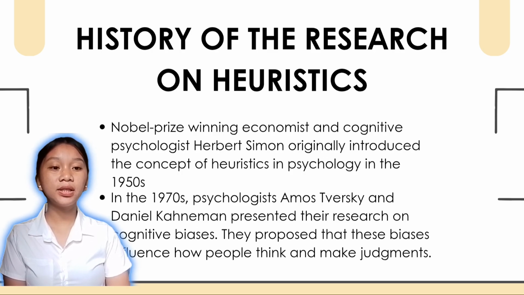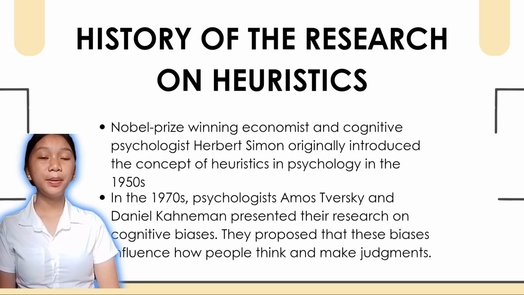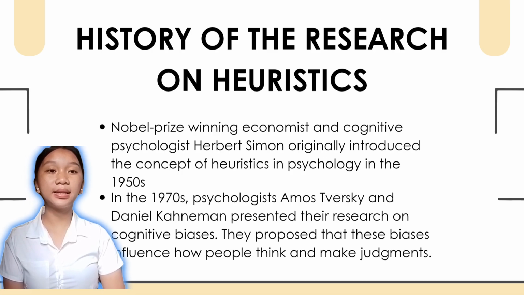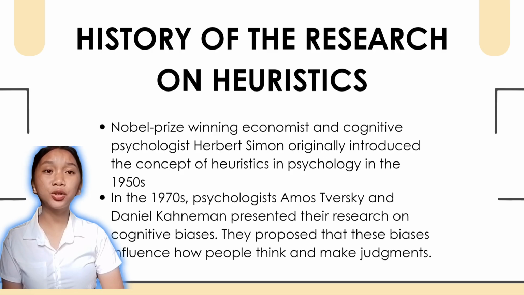A purely rational decision would involve every alternative, potential cost, and possible benefit. However, people are limited by the amount of time they have to make a choice and the amount of information they have at their disposal. Other factors such as overall intelligence and accuracy of perceptions also influence the decision-making process.